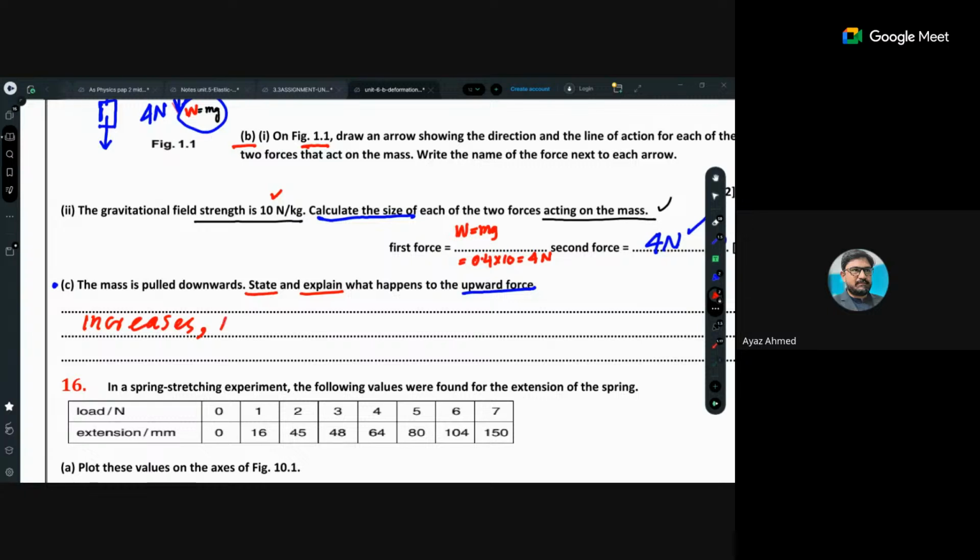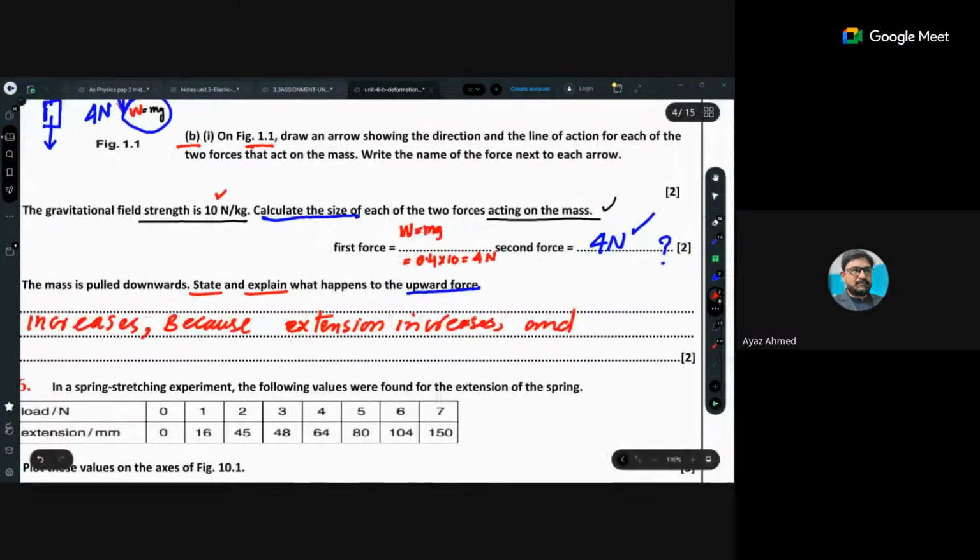So it increases because extension increases, and force is directly proportional to extension. Is it clear?